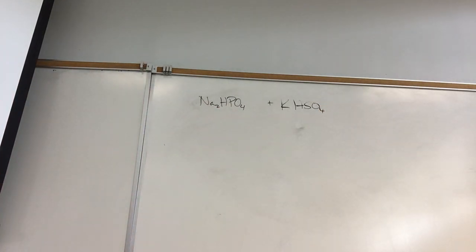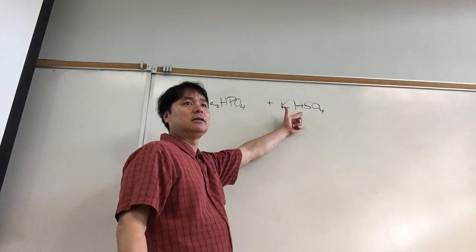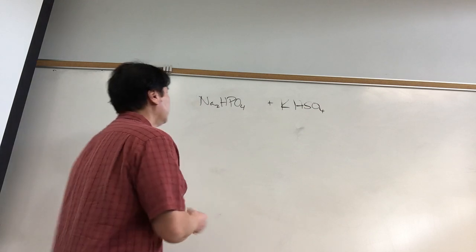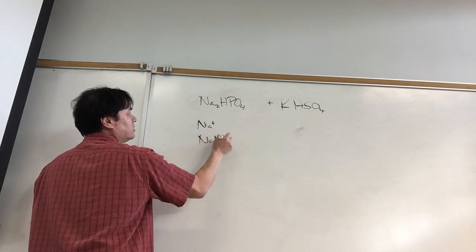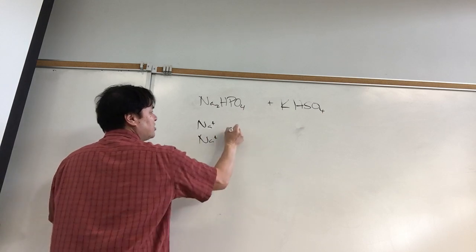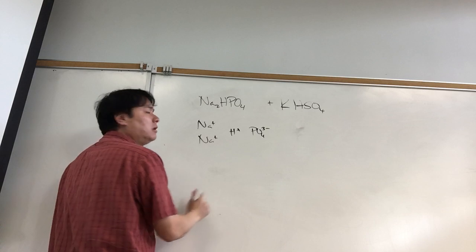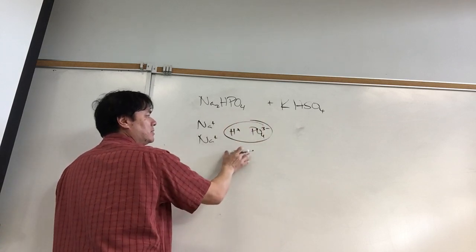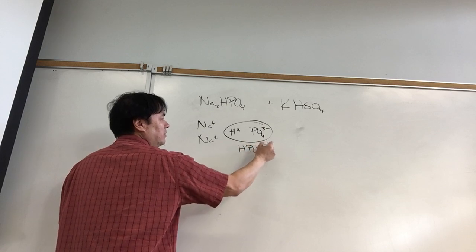A lot of people think of this as double replacement because it's an AB plus CD. When you look at a compound like this, it consists of two sodium ions and a hydrogen ion and a phosphate ion. Is that right? No, we don't split this apart because it's not a strong electrolyte. We only split apart strong electrolytes. So we leave this intact.